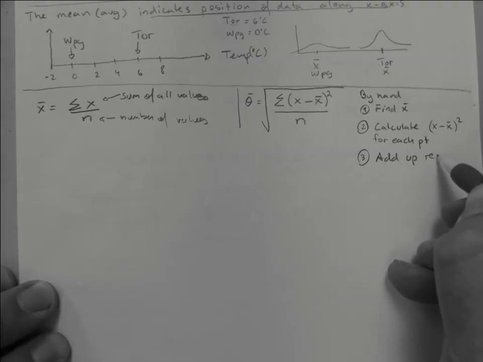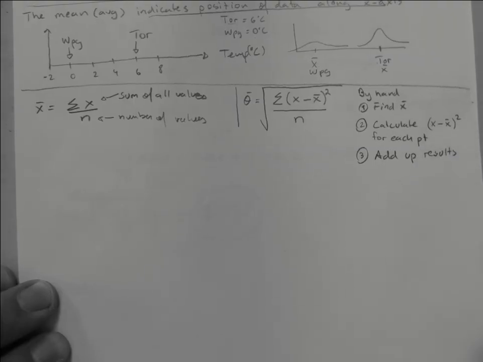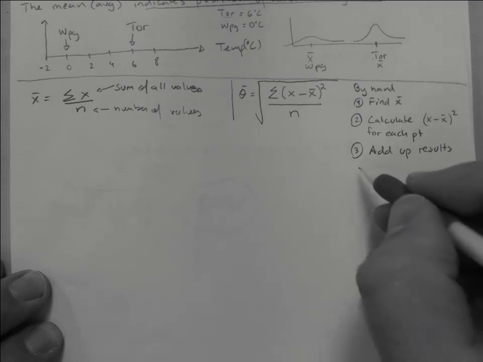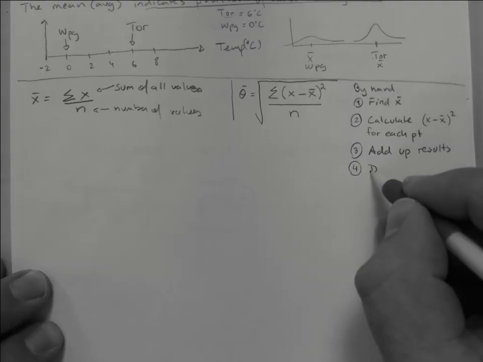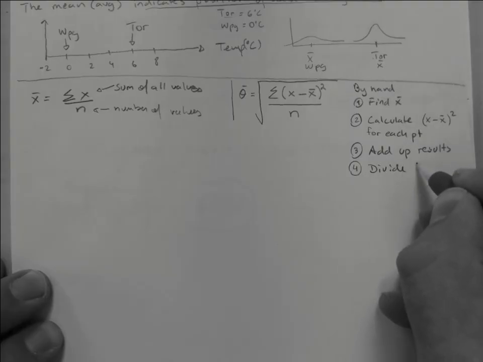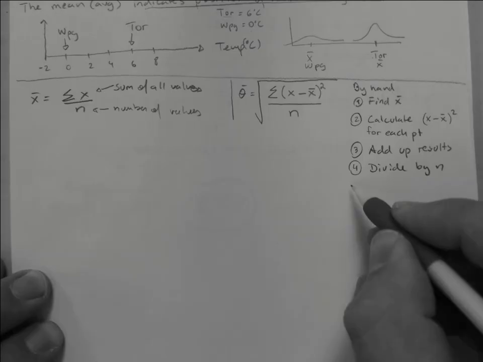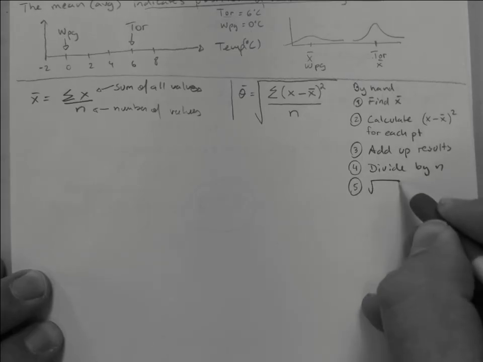Add up results. Divide by n. Square root.